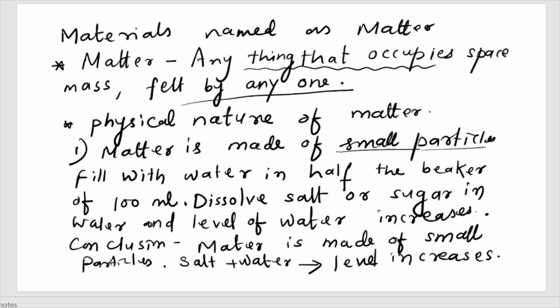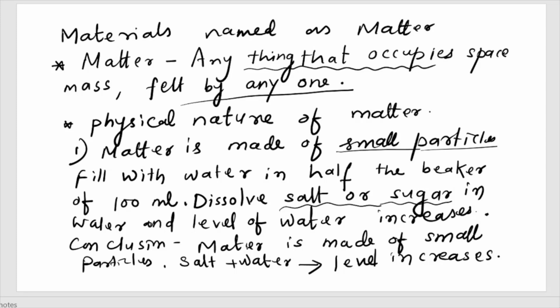Let us see an example. Take water in a beaker, suppose 100 ml or 250 ml, according to your choice, and dissolve salt or sugar. Salt has no color, sugar has no color. Now you observe whether the water level increases.